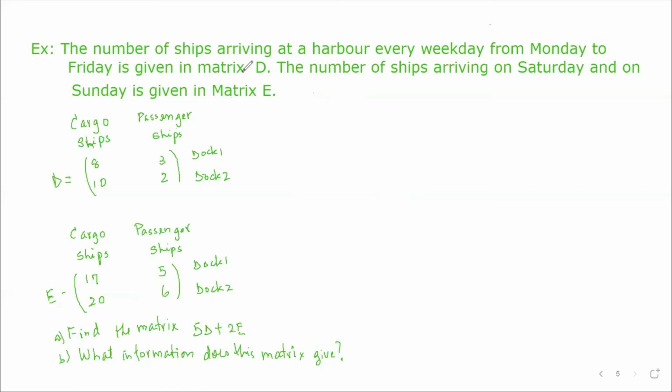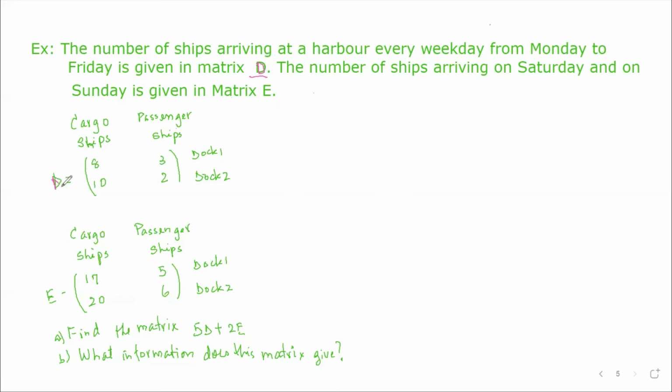The number of ships arriving at the harbor, like a port somewhere, every weekday from Monday to Friday is given in matrix D. The number of ships arriving on Saturday and Sunday is given in matrix E. So they have two matrices. First one is matrix D, which I use in pink color here.